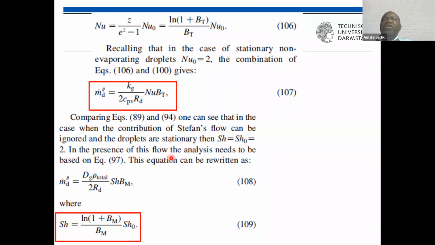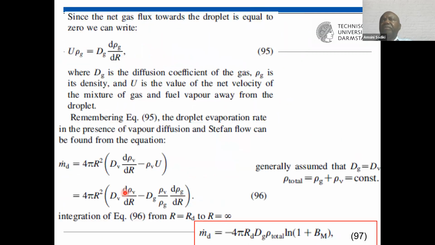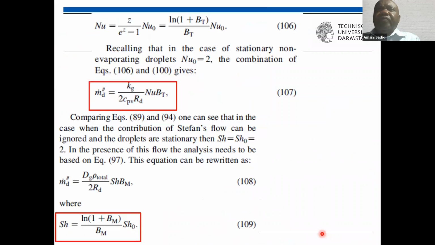In the presence of a flow, the Stefan flow, we need to use this equation and get a relationship not in this form, but now in this form. We go from this equation, make some transformation, and obtain this expression.